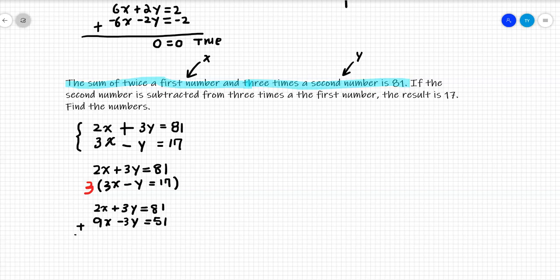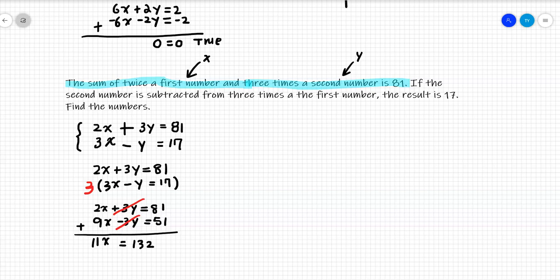Now we're going to add these. As you can see, 3y minus 3y cancels out. It gives us 11x equals 132.